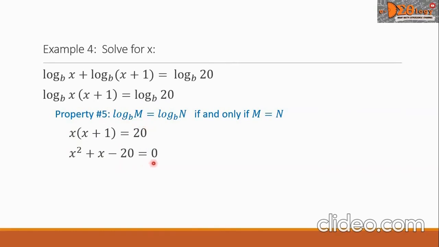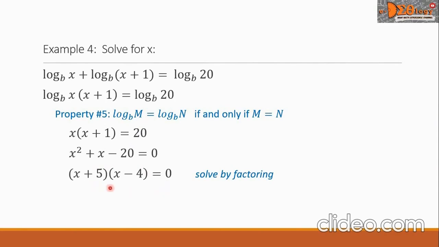And this is equal to 0. From here, let us solve by factoring. The factors of x squared plus x minus 20 are x plus 5 times x minus 4, and this is equal to 0.